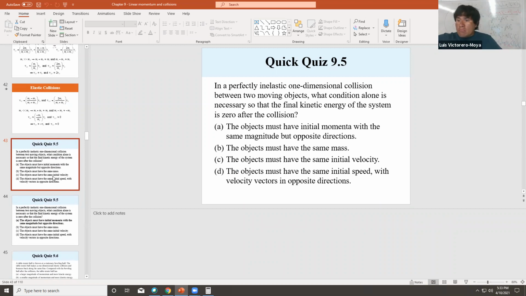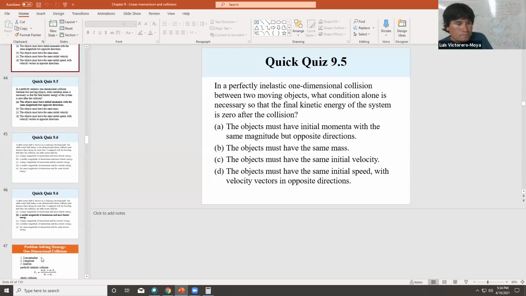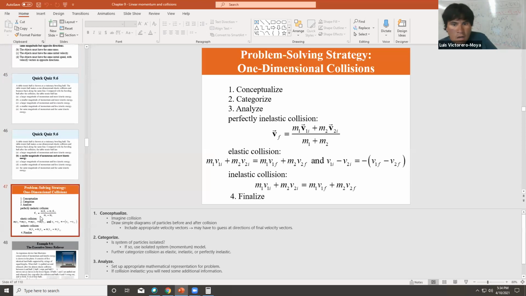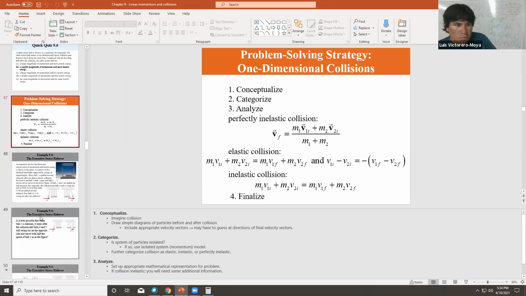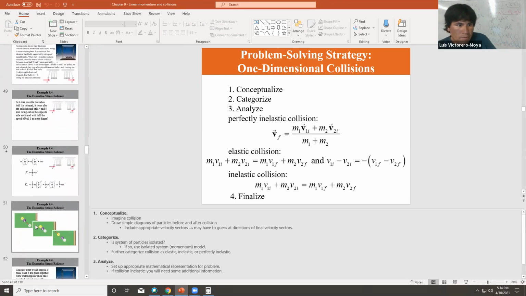The momentum has to be equal but in opposite directions, because the initial momentum is equal to the final momentum. If you want the final momentum to be zero, which means zero velocity and zero kinetic energy, you need the initial momenta to be in opposite directions with the same magnitude. So 1 plus minus 1 is 0. That would be the answer for that one. All right, this is how you do some of these problems.